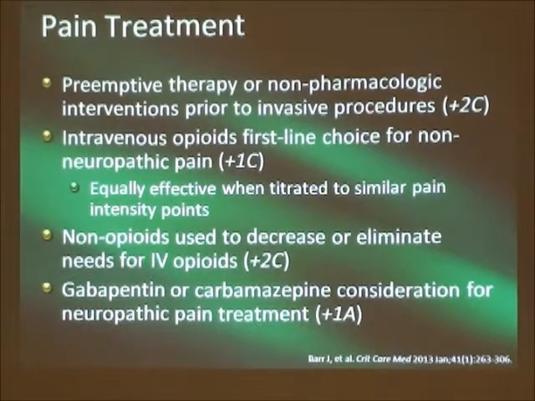So treatment, okay? Preemptive therapy. Trying to predict where you can use non-pharmacologic interventions prior to invasive procedures. So an example here is we have a young patient right now with multiple chest tubes. If you're going to remove a chest tube, give them a little bit of analgesia, okay?